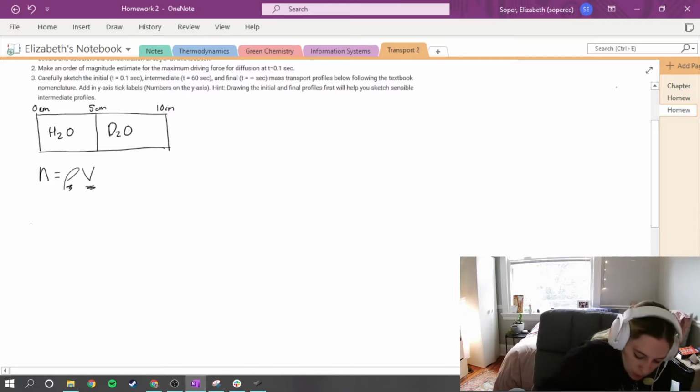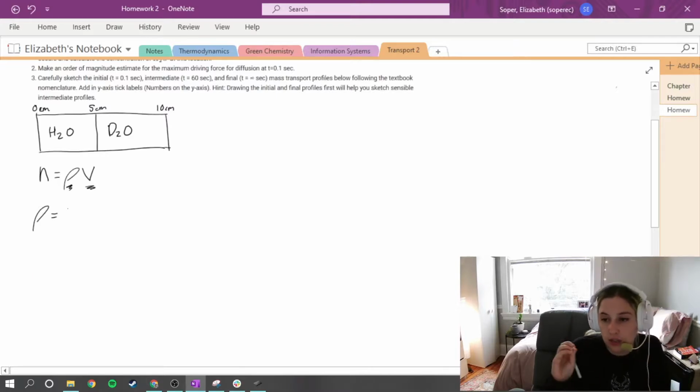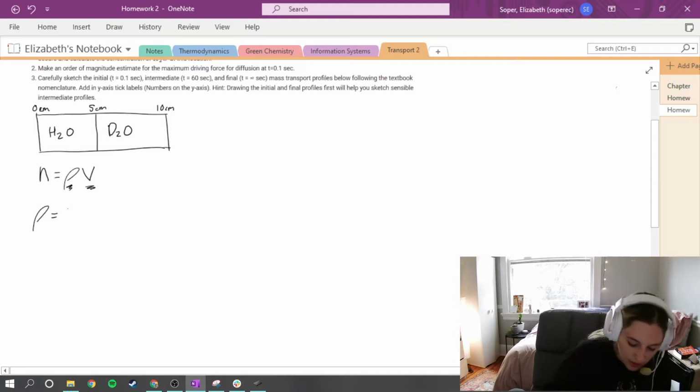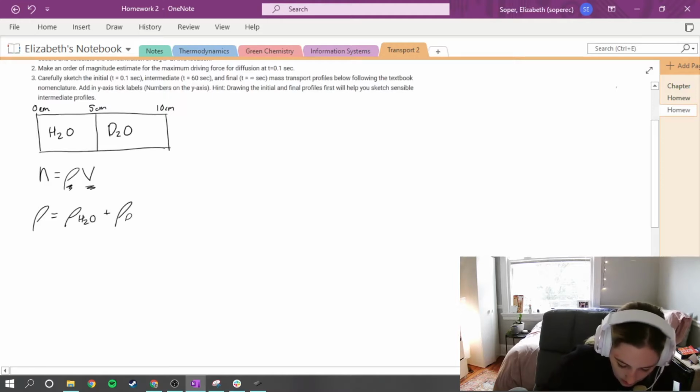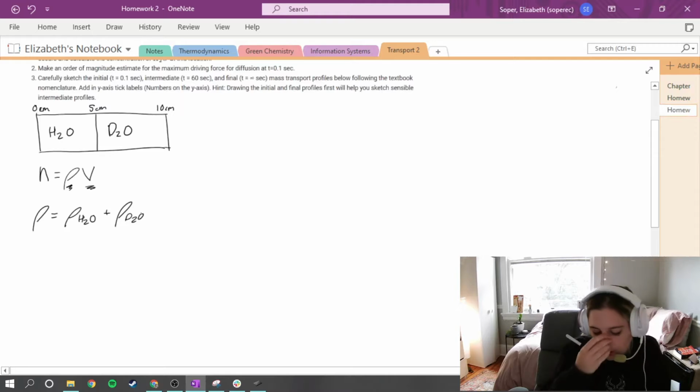So we know that the total mass concentration is equal to the mass concentrations of each of the components added together. So the total mass concentration equals the mass concentration of H2O plus the mass concentration of deuterated water.